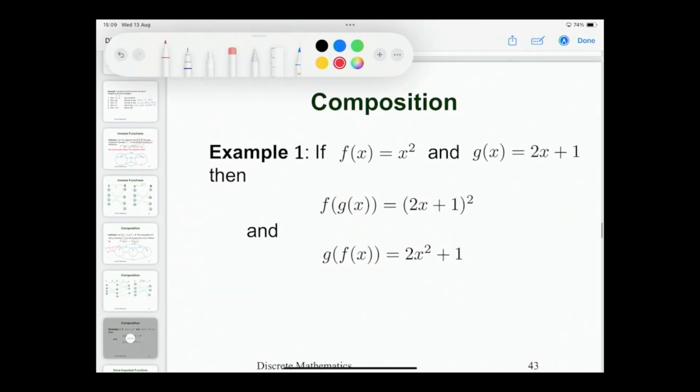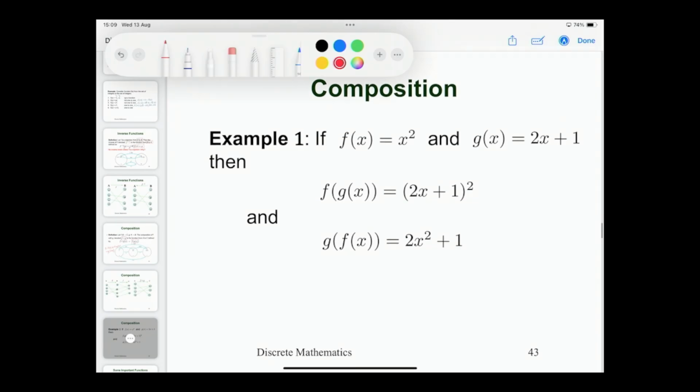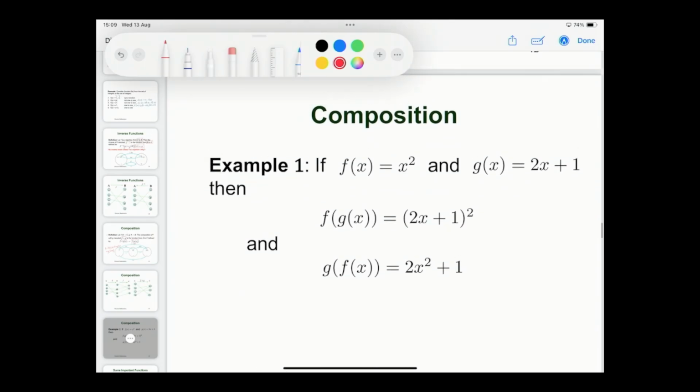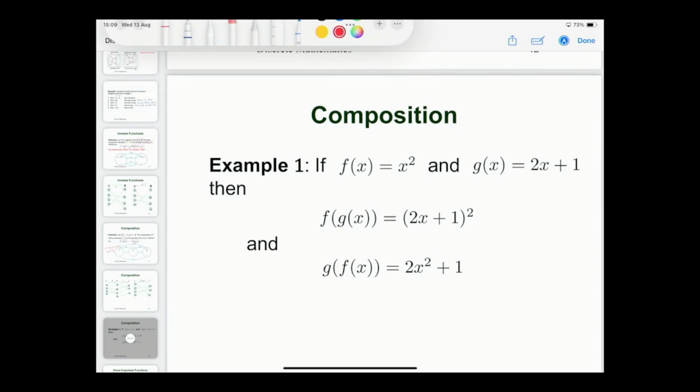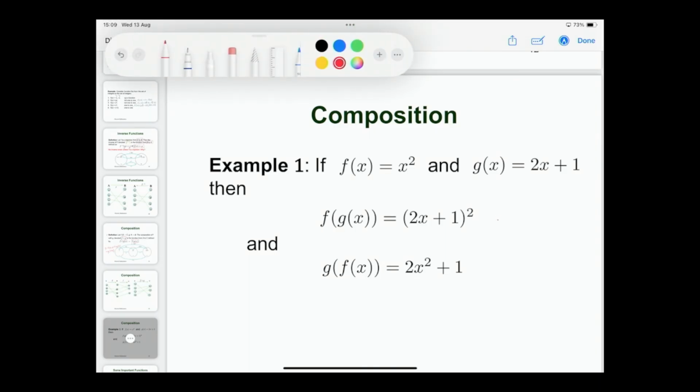We can see that in the following example here. Suppose functions f and g are given here. So this one is the result, and this one we have a different result. So you must know the difference.